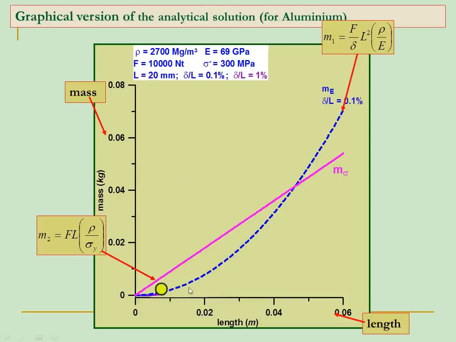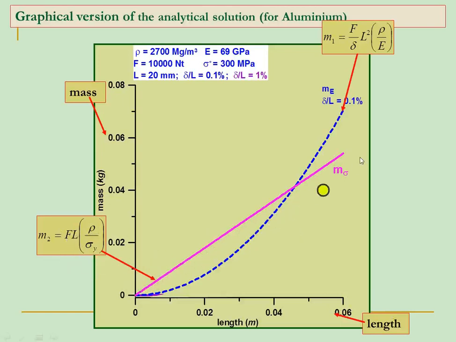That's what is seen here, that the L value can vary up to even 0.06 meter. So it's not only 20, we are plotting it further also. And what you observe is that the mass equation M1 will give you mass for different values of L, which will be a curve, the blue curve which you see here. Whereas if you plot the mass equation M2, the value of mass M2 for different values of L, varying from here and going up to, let us say, 0.06 meters, it will give you a straight line, because it's a first degree expression.